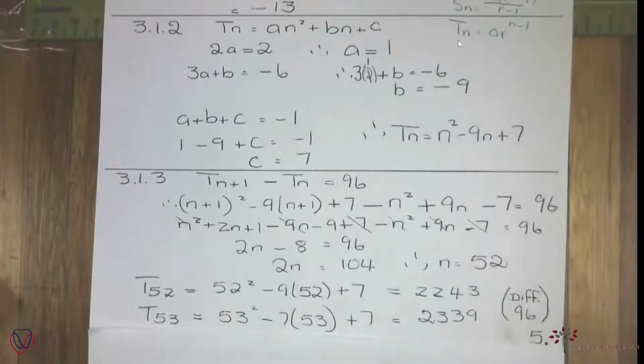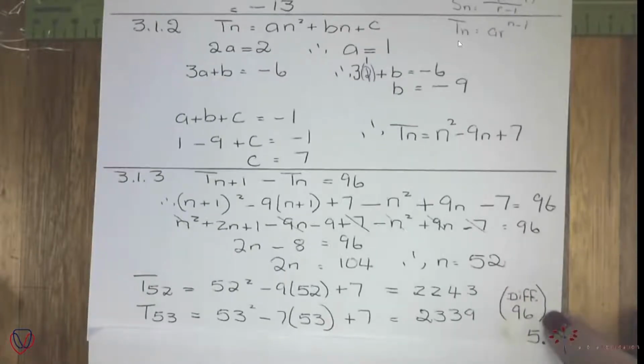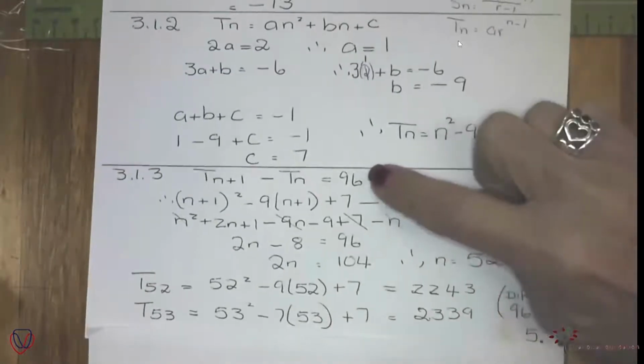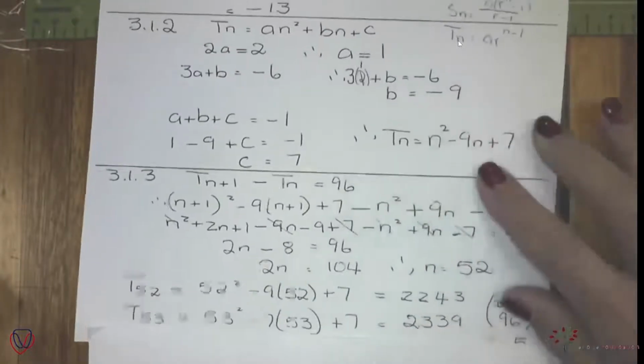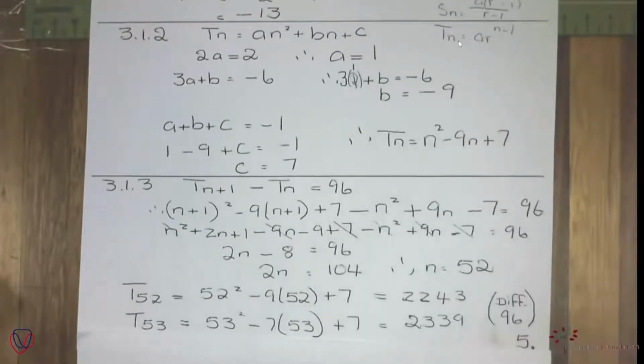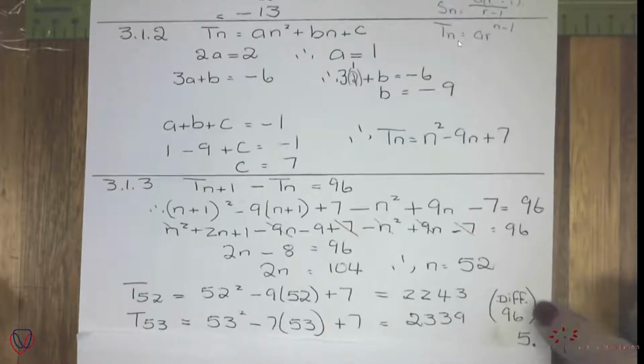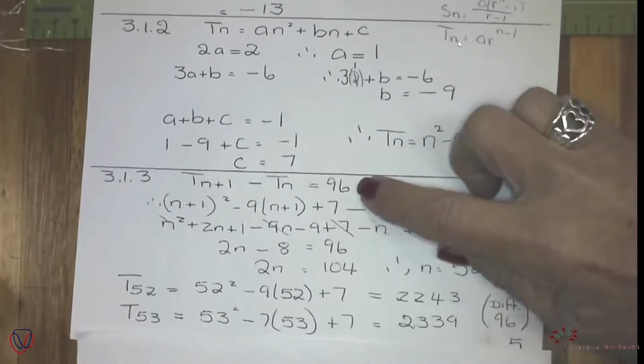That is the nth term formula for this specific sequence. So now I'm going to substitute 53 into n, and I'm going to get 2339. And if I subtract those, I'm going to have 96. Is that what they wanted? Yes, that is what they wanted. They actually wanted the values of the two terms, and there they are. But I checked it by checking the difference, and the difference is definitely 96.